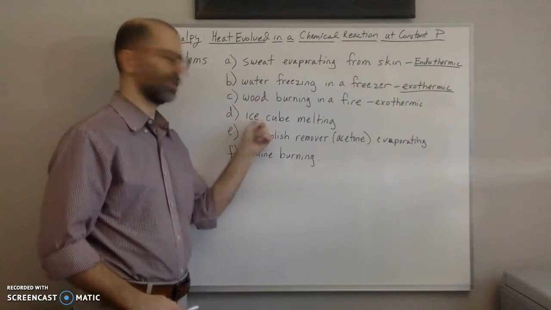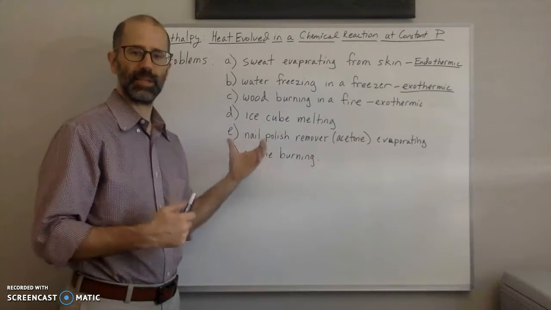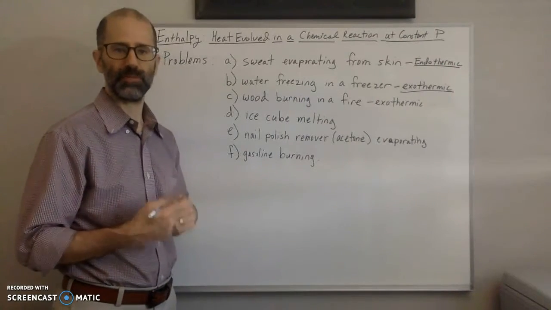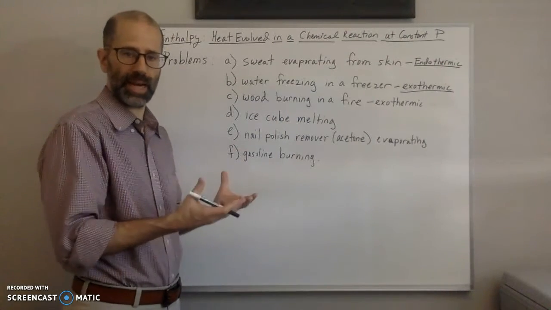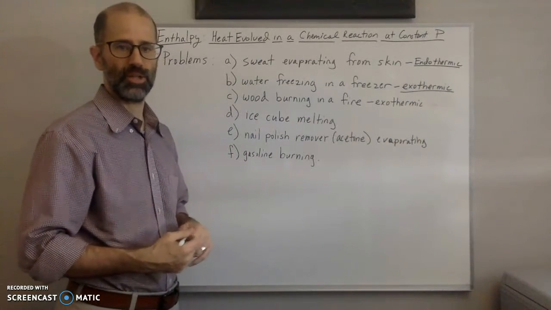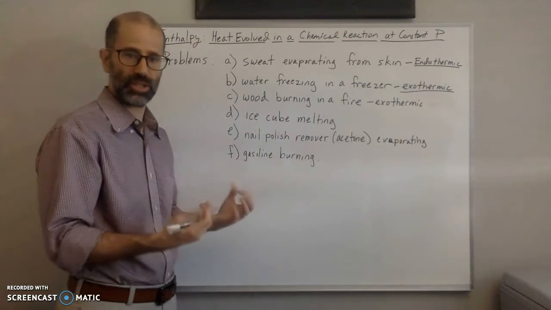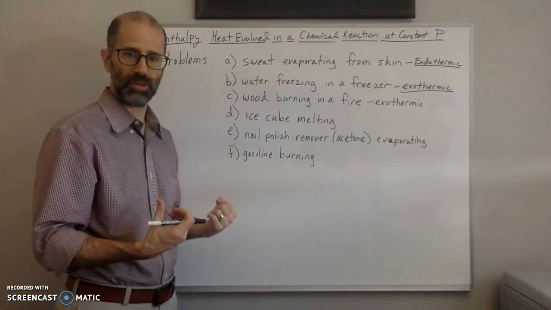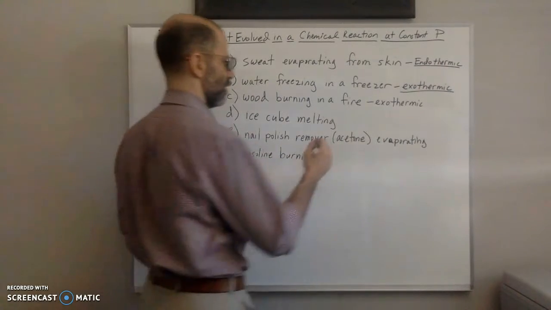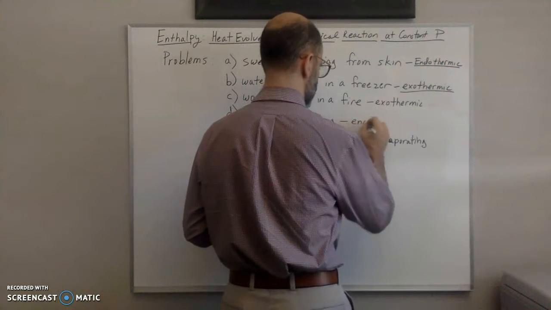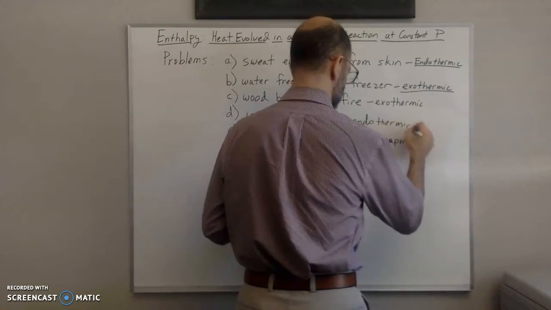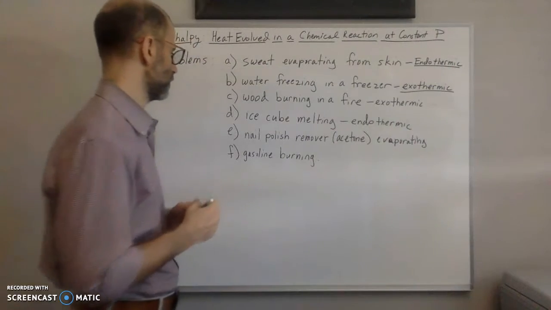Ice cube melting. In this case, to get something to melt, you have ice. So now you're going in the opposite direction of freezing. In order to melt the ice, you need to put heat into it and it starts to melt. So the ice cube, which is our system, is absorbing the heat from the surroundings, and therefore it's an endothermic process.